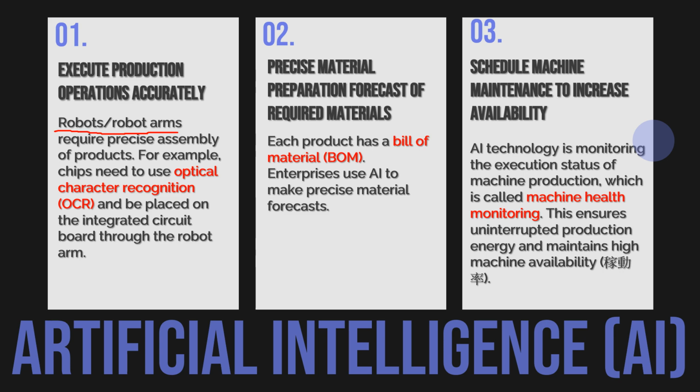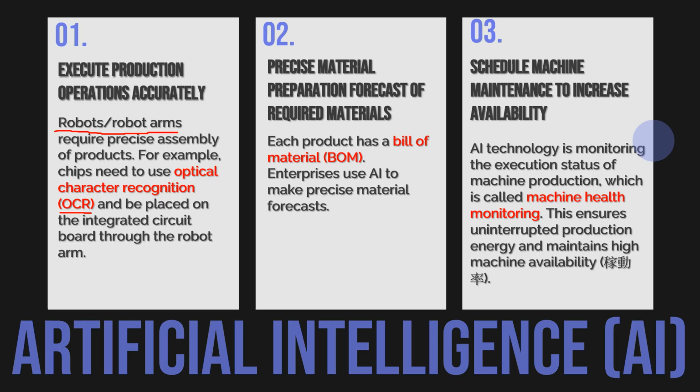For example, chips, okay? Need to use optical character recognition, abbreviated as OCR. This is a very good final project, okay? The robot arms, okay? So they can automatically create the automobile, right? And also can create the building, right?